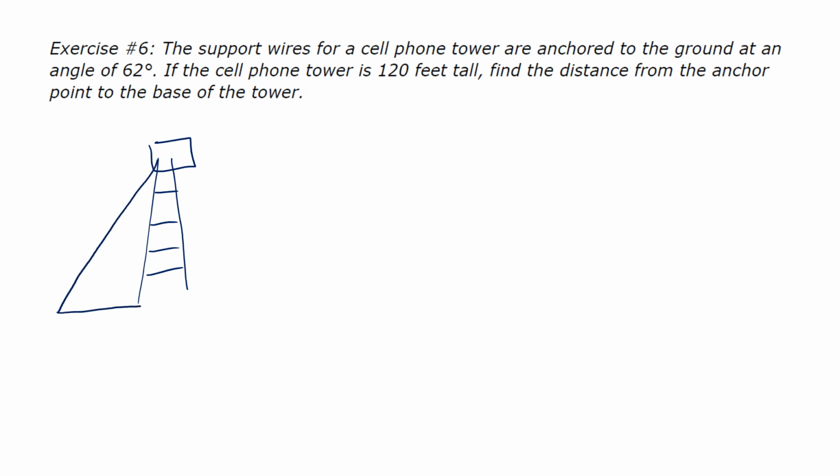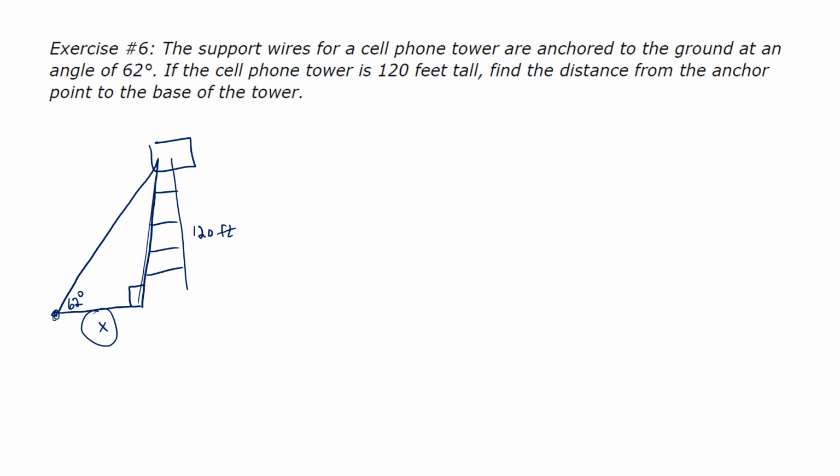We're just going to pretend this right here is a straight line, at 62 degrees. It's anchored to the ground. And the cell phone tower is 120 feet tall. So this is 120 feet. Find the distance from the anchor to the base of the tower. So we're trying to find the base, x.